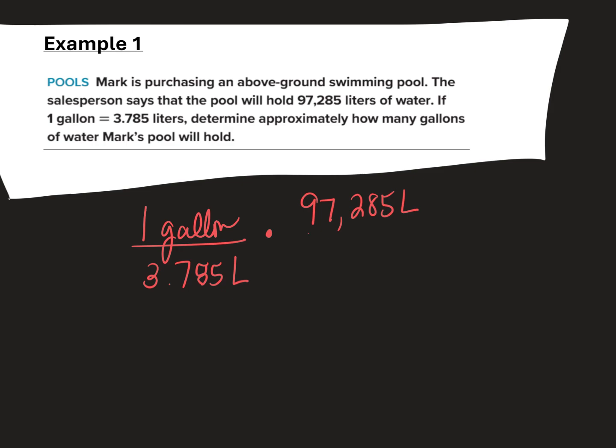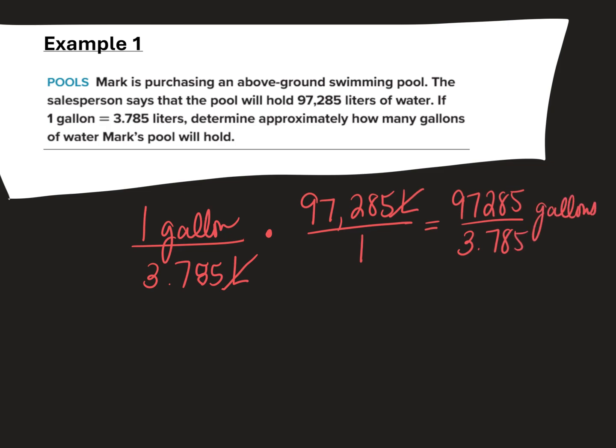Now, this is why this is called dimensional analysis. When you multiply, I can put that over 1. When you multiply these two fractions, the dimension of liters will be crossed out, and that would be 97,285 divided by 3.785 gallons. And of course, you'd have to have a calculator for this.